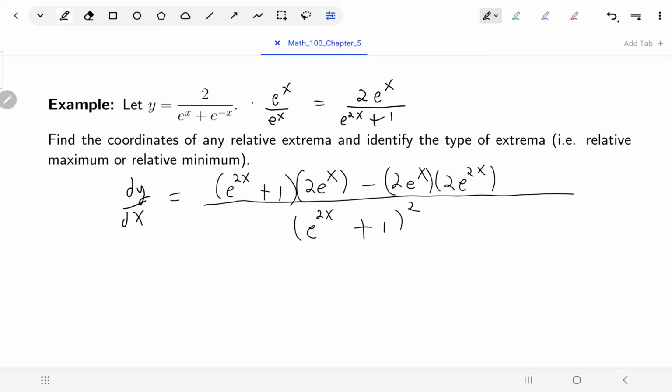And now we can see that I've got 2e to the x rather. That's a factor in both of those terms. So 2e to the x I can take out, leaving an e to the 2x plus 1 from the first term and a minus 2e to the 2x from the second term.